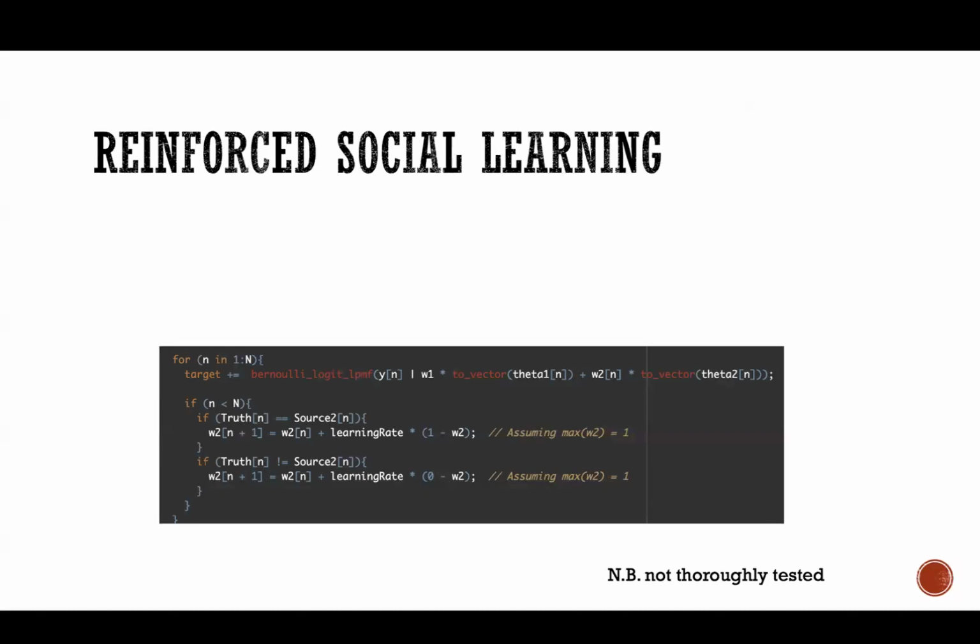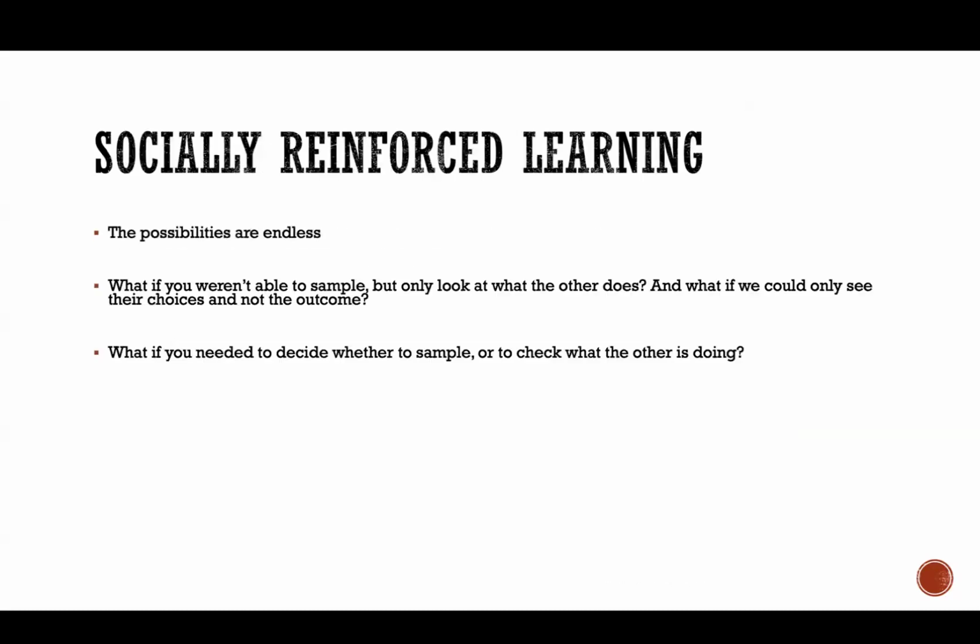Here is just a snippet of the same code. Right? Again, what we can do is say that if we're not at the last round, because if we're at the last round we don't need to update stuff, the weight W2 can be updated according to the delta. And blah, blah, blah.